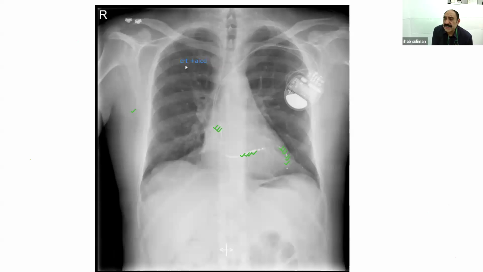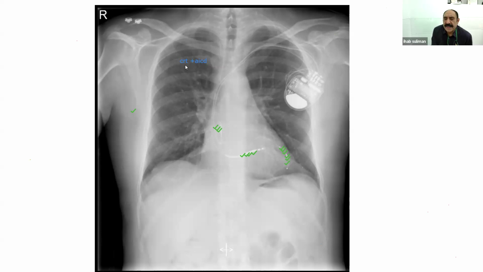So it has a function of a defibrillator, and it has a function of cardiac resynchronization therapy, especially for a patient with heart failure, sometimes with ejection fraction less than 35%.